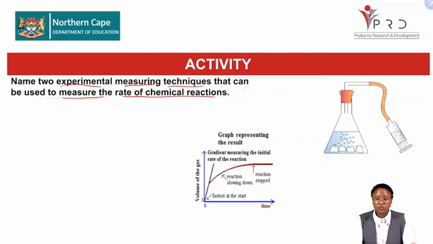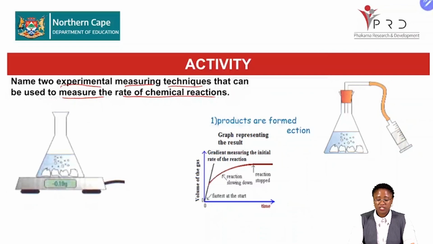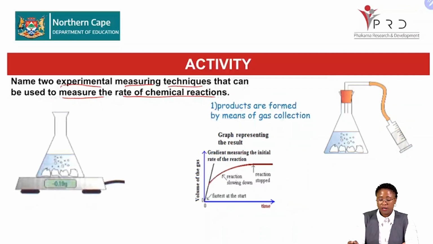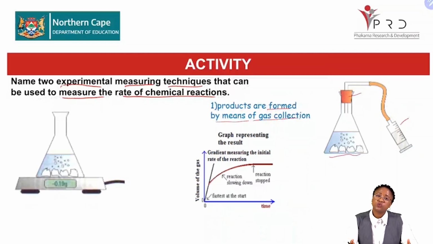One, we can measure the rate of reaction by the product being formed by means of gas collection. Sometimes the examiner can set up an experiment where we use the Erlenmeyer flask, the rubber tube, as well as the syringe to see how much gas has been formed in the reaction.